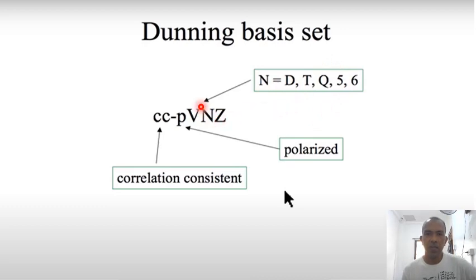So this is valence double zeta; if it's T, valence triple zeta; Q is quadruple, and if you go past that, you just start using numbers instead of saying quintuple, sextuple. So you will see those basis sets in the literature.